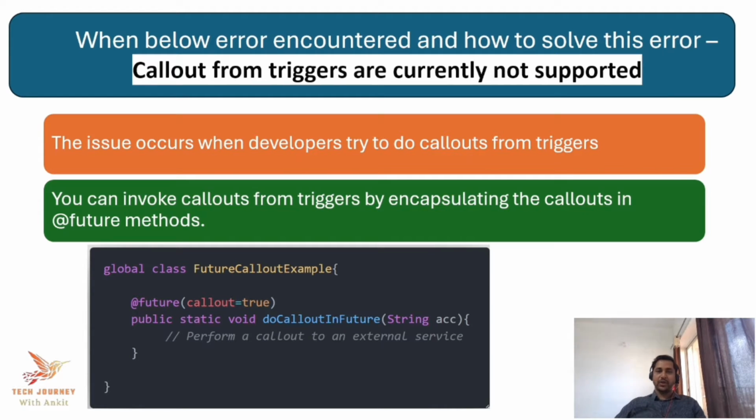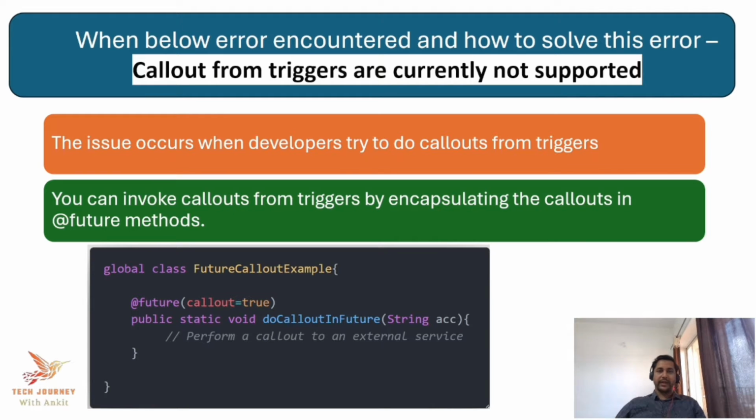This issue generally occurs whenever developers try to make synchronous callouts from the trigger. It is not possible to make a synchronous callout from the trigger, and the way we can solve this error is by invoking the callout either by using future methods or by using queueable Apex.